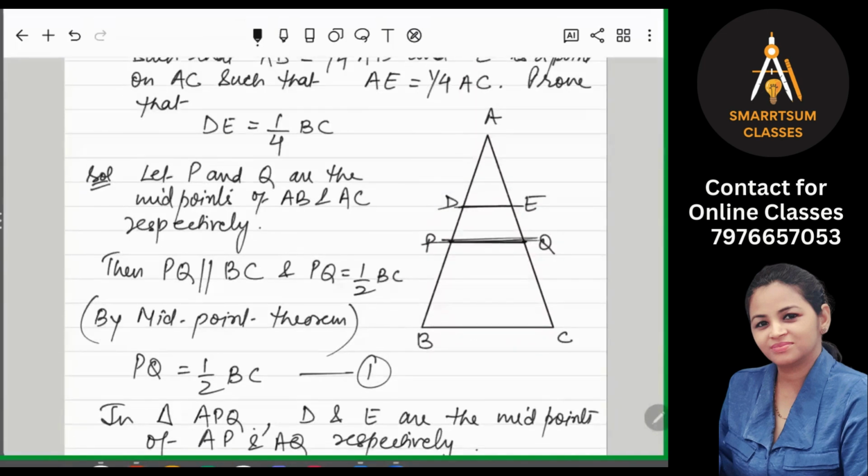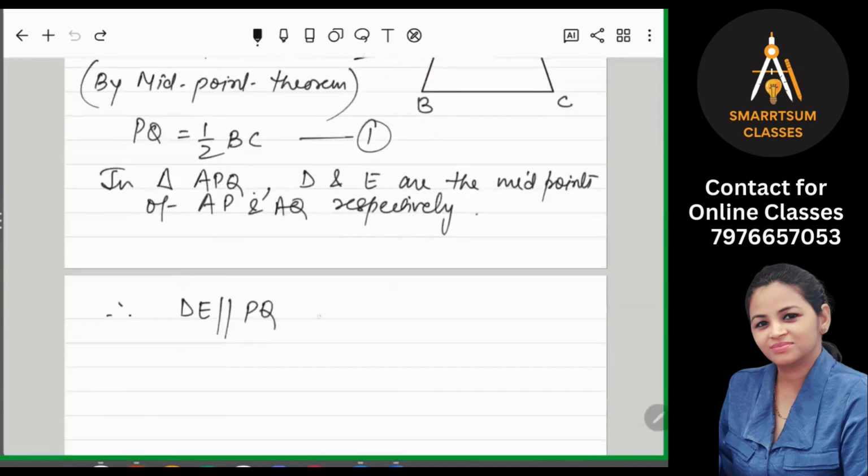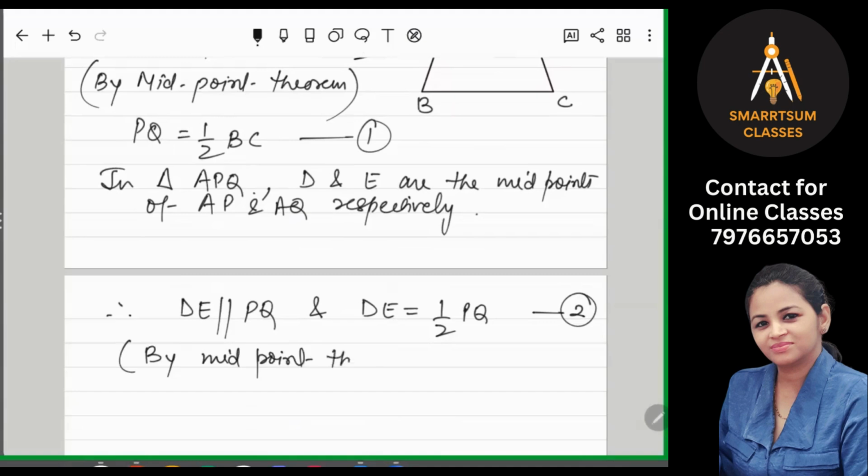So DE is parallel to PQ and DE is equal to half of PQ. This is, suppose, your equation number 2. And why have we written this? By midpoint theorem. Always write down which theorem you are using. You need to write the name of the theorem.